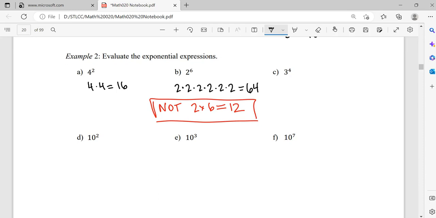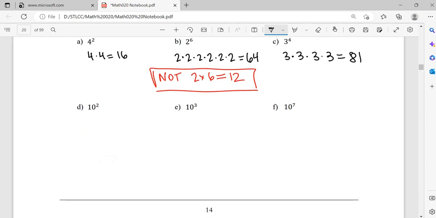Again, think of the 3 multiplied by itself 4 times. So 3 times 3 times 3 times 3, and that would be 81.